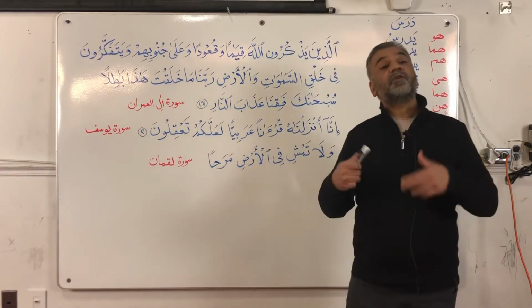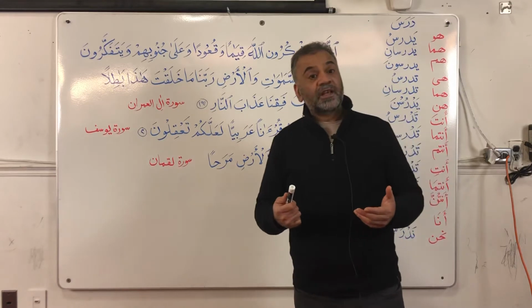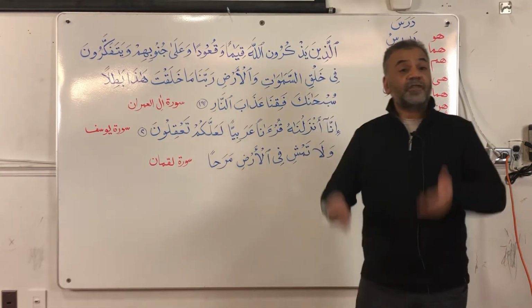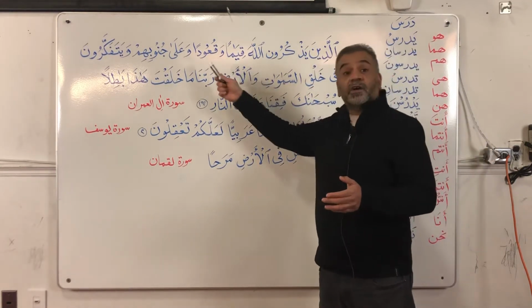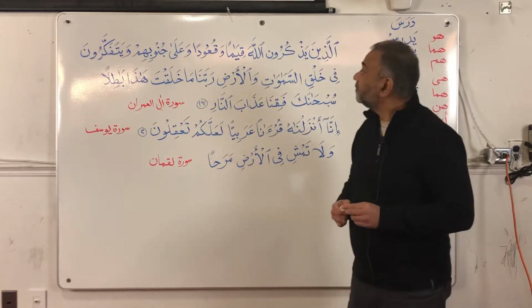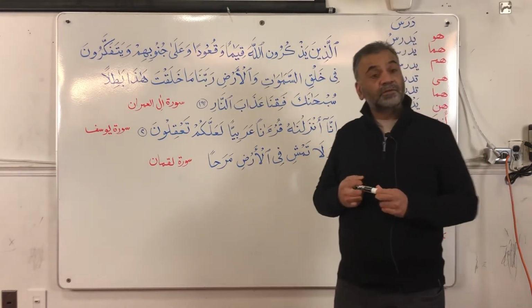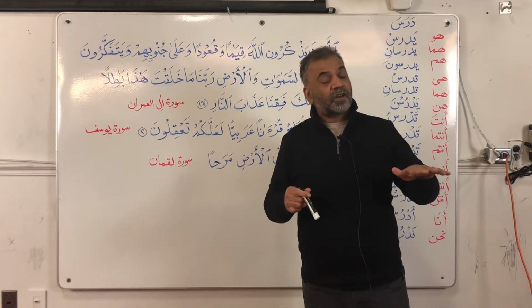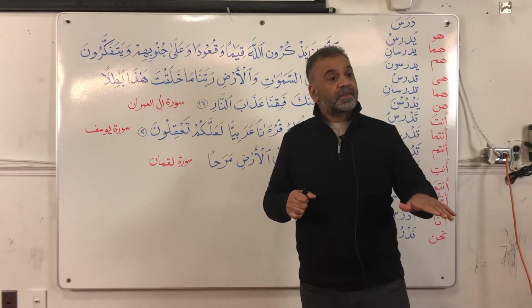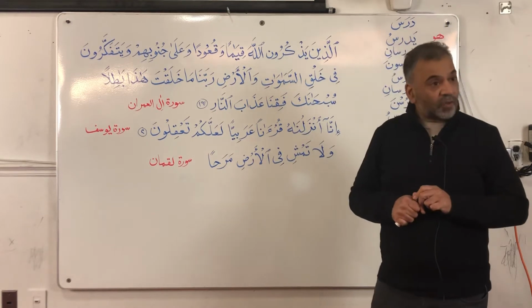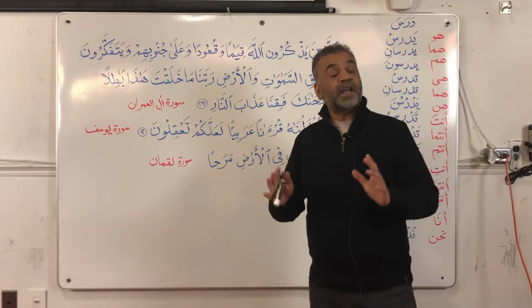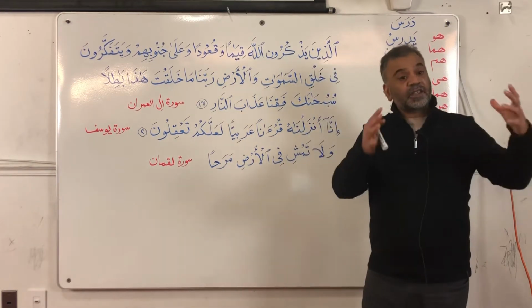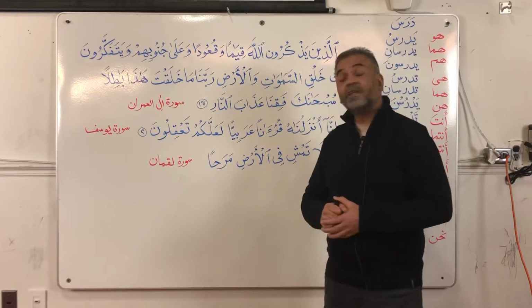These are the people who are mentioning Allah subhanahu wa ta'ala while they are in the state of standing, wa qu'udan, while in the state of sitting as well. So not only standing, and also in the state of, or in the circumstances of sitting.